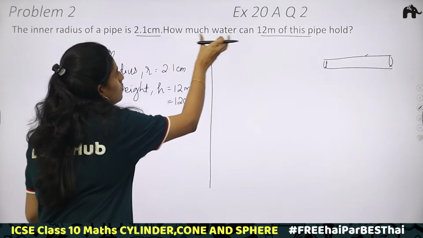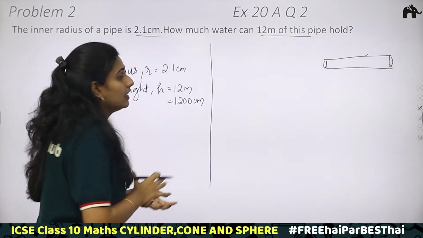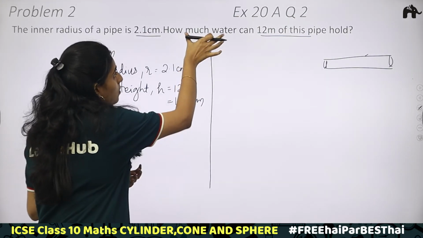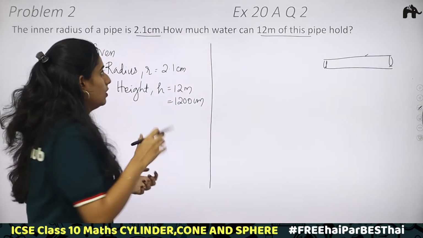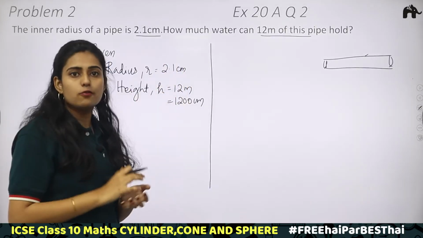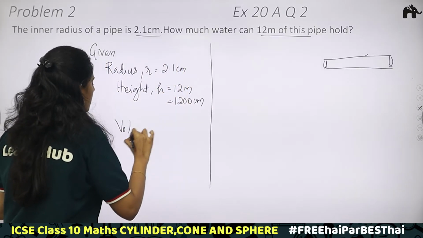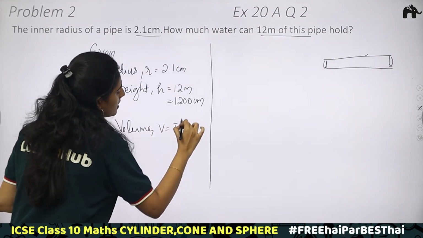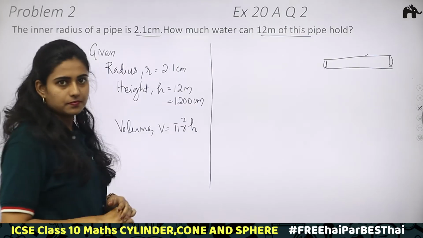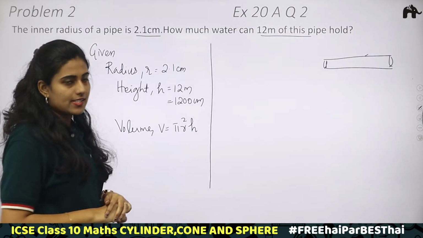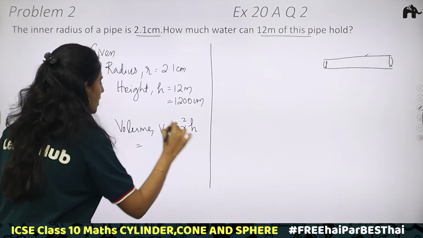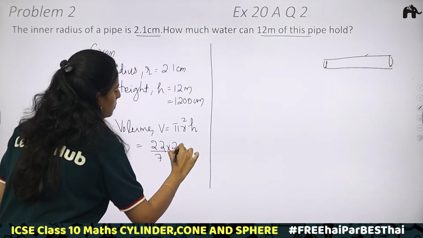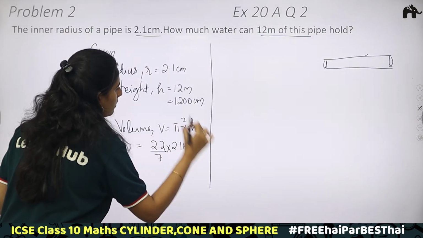Okay, how much water can it hold? In that case, we are going to find the volume, not the surface areas, because the quantity of water we need to find means it is the volume. How to find volume? Volume V is equal to pi r square h. Now put the values. Pi 22 divided by 7 into 2.1 into 2.1.